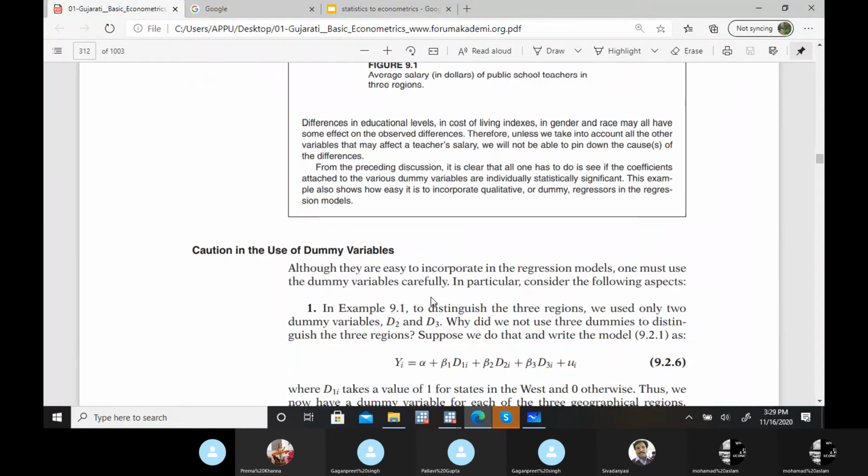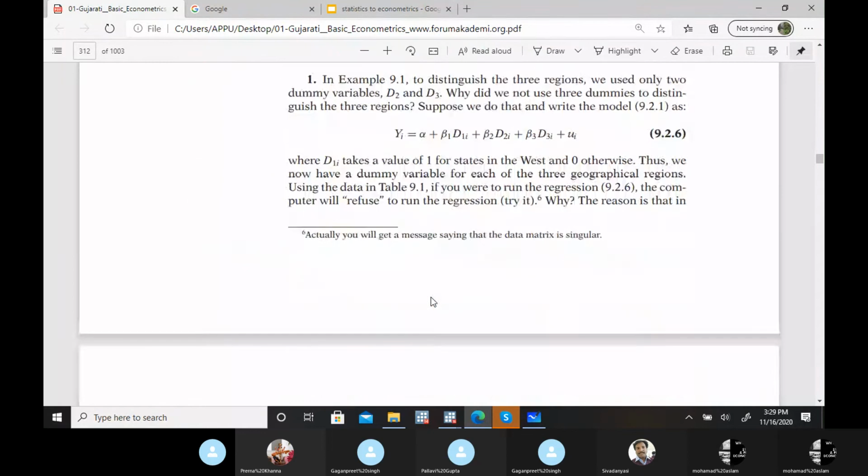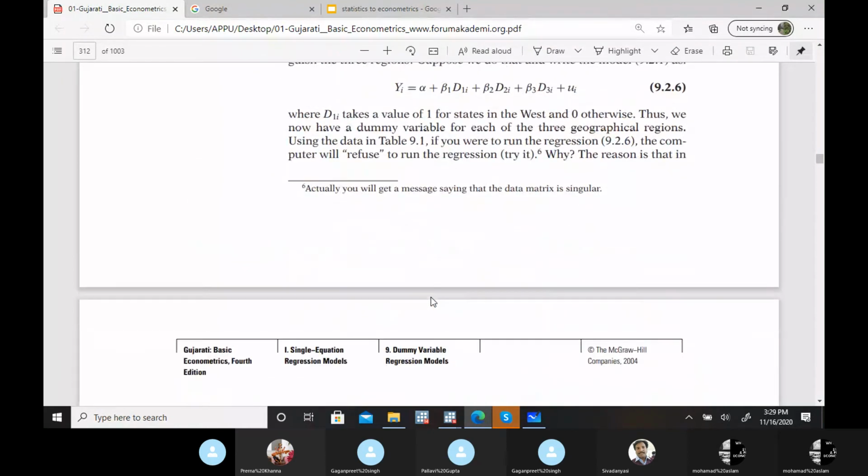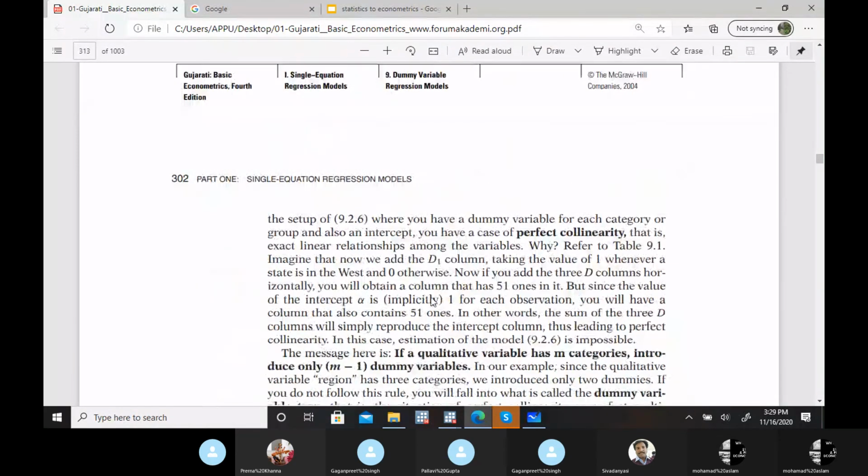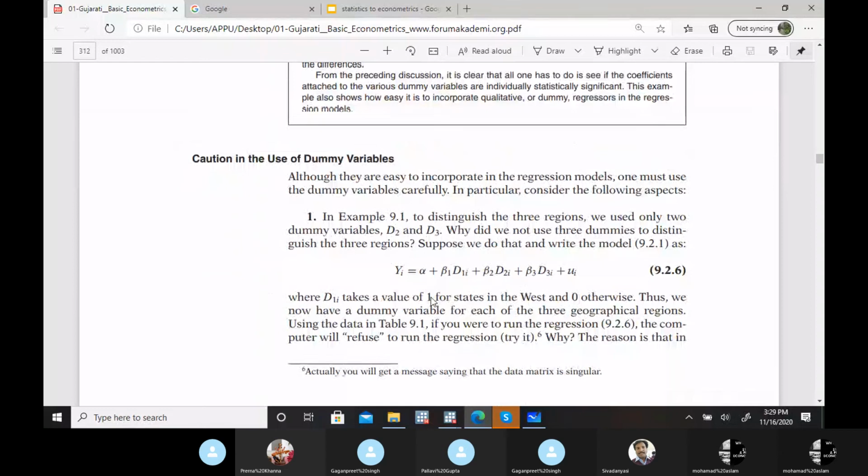So now a few precautions. The first is this: if you have three or more different categories in your variable, like we have here, west, south, northeast, north central, we can't introduce all of the dummy variables. We have to introduce m minus 1.